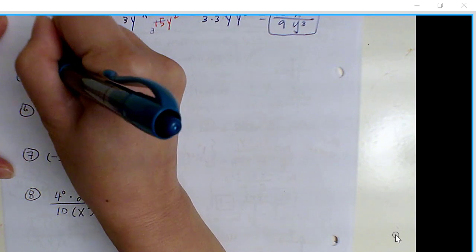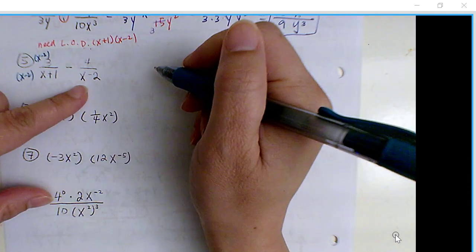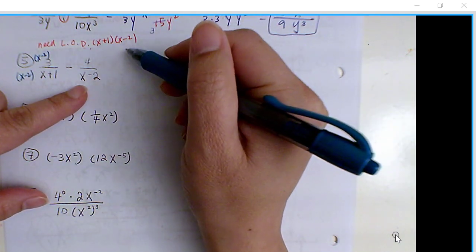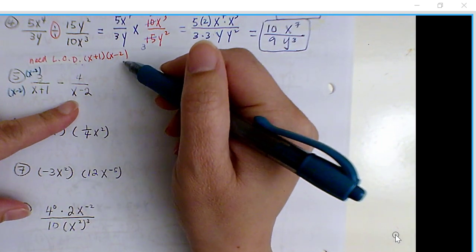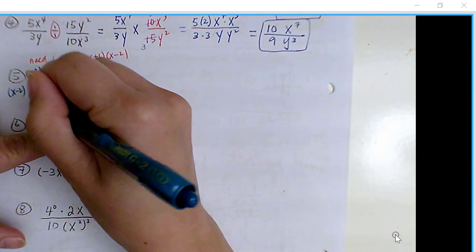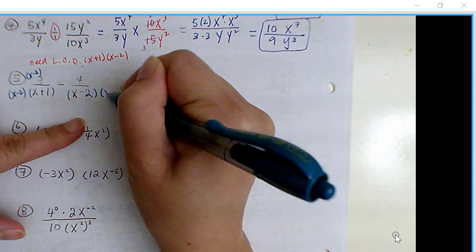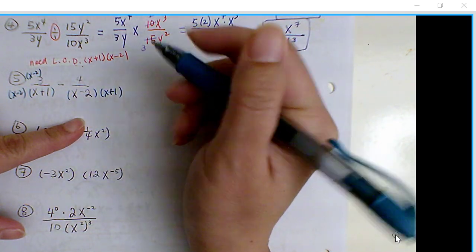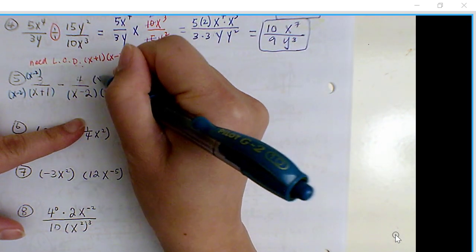So in order for the first fraction to get to x plus 1, x minus 2, basically, we need to multiply that by x minus 2, right? And whatever you multiply at the bottom, do the same on top. And then for the second one, x minus 2, if you compare these two, you're going to need to multiply by x plus 1, and whatever you multiply at the bottom, again, you need to multiply to the top, right?